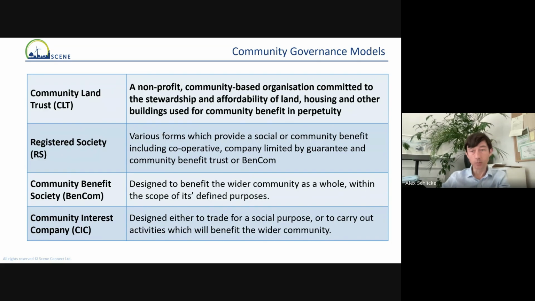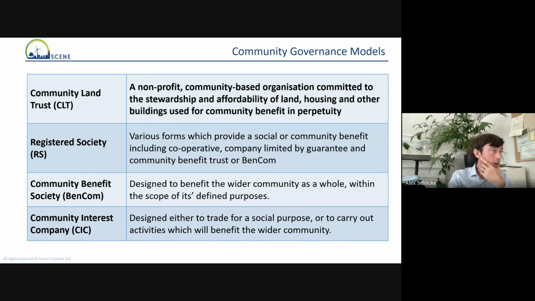That electricity wouldn't go to individual members, so there would be no trading with members. There's the community land trust model, which is often used for community delivery models more associated with conventional types of development, like affordable housing or community halls or built environment.